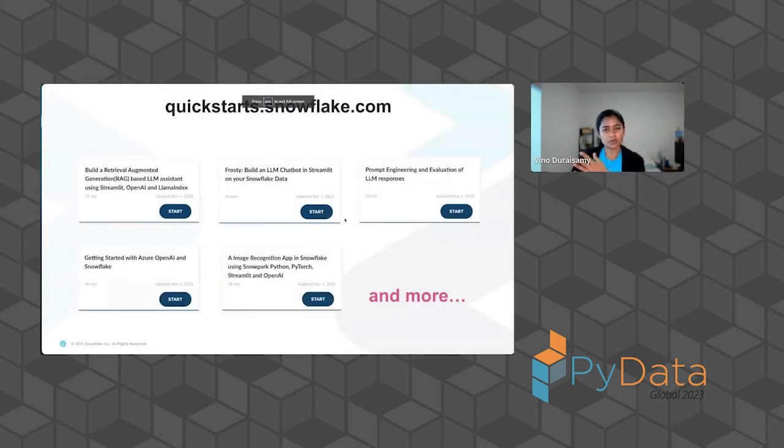Whatever we talked about so far is classical traditional machine learning with scikit-learn and XGBoost and whatnot. Then there are also tons of new LLM features that are available to you. And if you want to start working with LLMs and Snowflake as well, you can check out the other relevant quick starts that I have here for you.